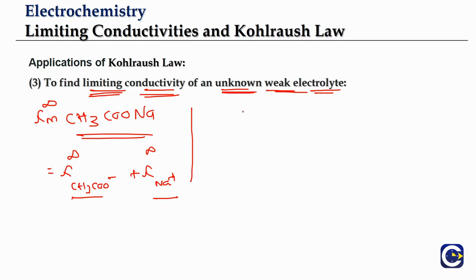If we have the limiting conductivity of CH3COOH, NaOH, and H2O, I'm just giving you the things that we will be requiring. Just look at these values. What are the values we are talking about? If we have the limiting molar conductivity of CH3COOH, NaOH and H2O, now look at what I'm saying carefully.